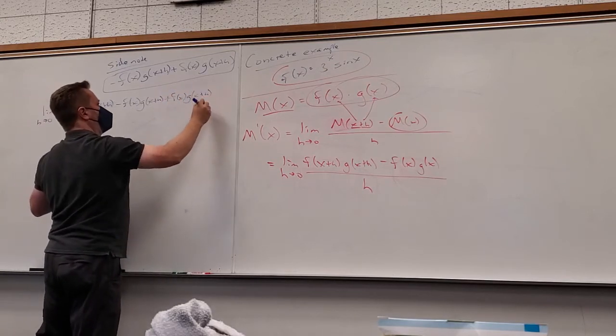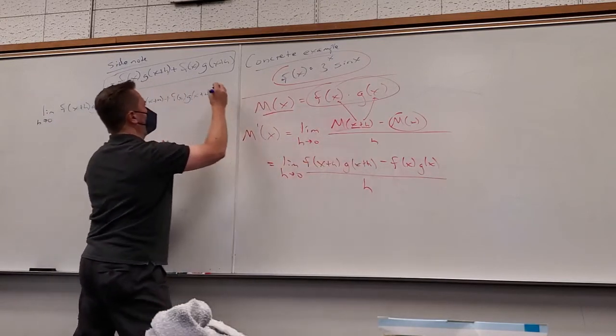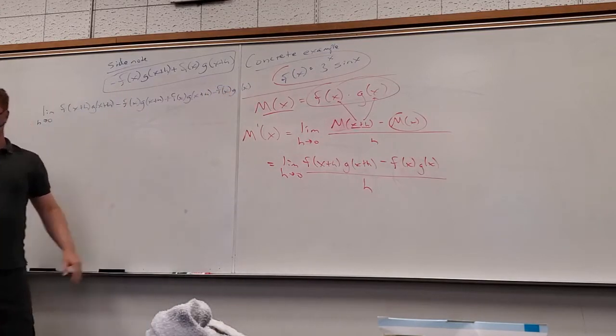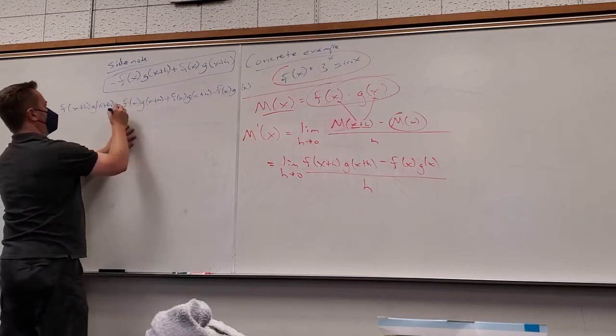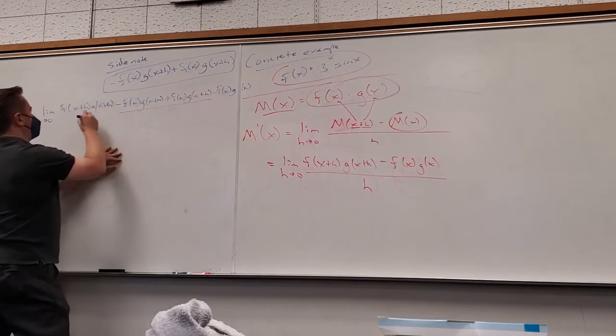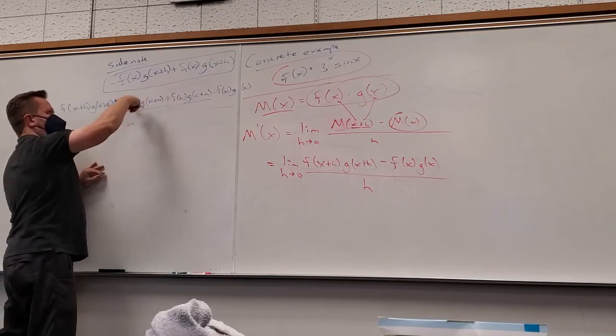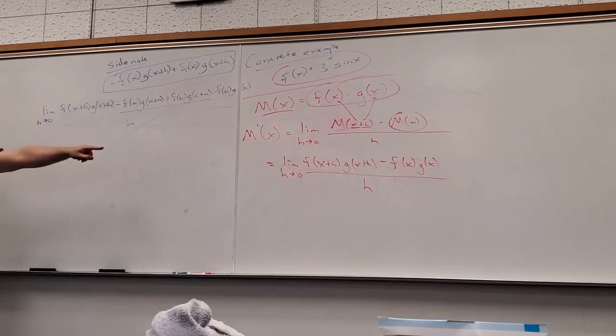And then I've got this at the end, minus f of x, g of x. I almost fit it, almost. So this is 0, right? This piece is 0. So did I just write the same thing? Yes. I didn't change anything.